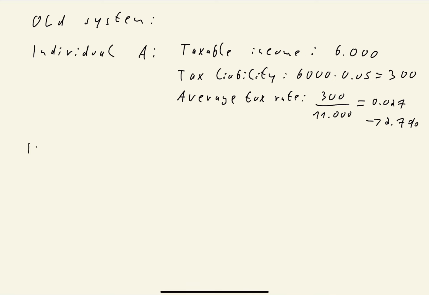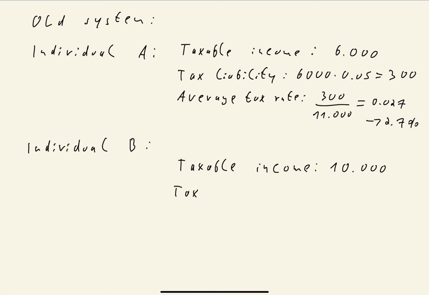Now let's consider individual B. For individual B, he had a total income of 15,000, so his taxable income is 15,000 minus 5,000, so it's 10,000.